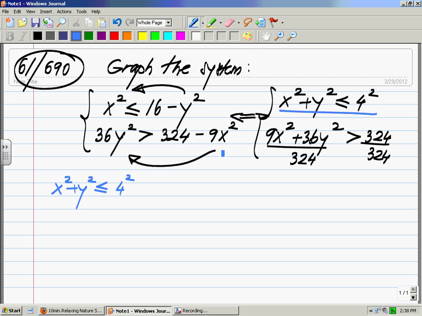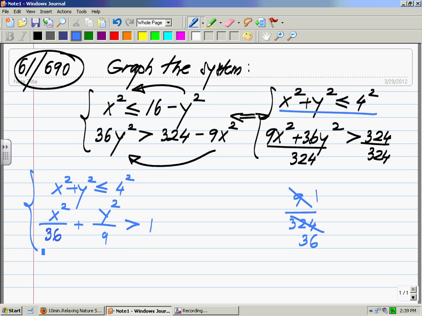So for the first term, I will have x squared over 36, to be careful, because I have 9 over 324. 9 goes in 9 once, 9 goes in 324, 36 times. That's why it's x squared over 36. Plus, I have y squared over what? 36 goes in 324, 9 times. And everything should be greater than 1. Okay?